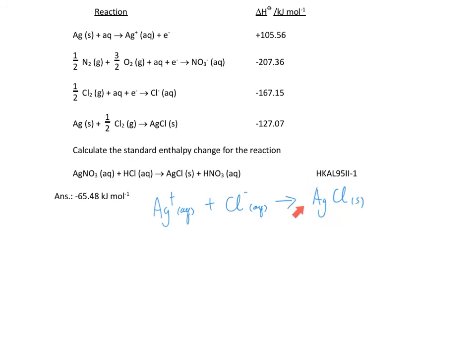First of all, silver chloride will be formed as a product. And then I will use the fourth equation here. Silver chloride will be formed as a solid from the silver metal and chlorine gas. And now I will choose the silver ion for the left-hand side and cross out the silver metal from the second equation here.